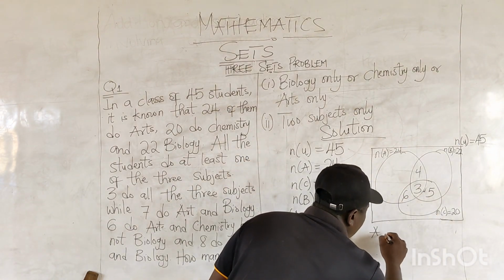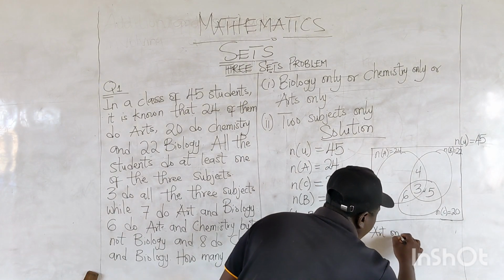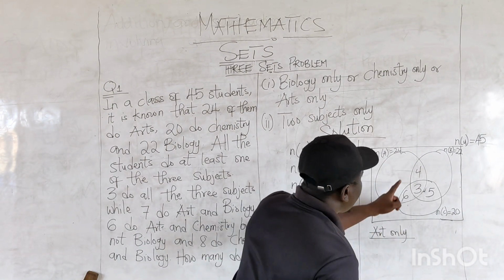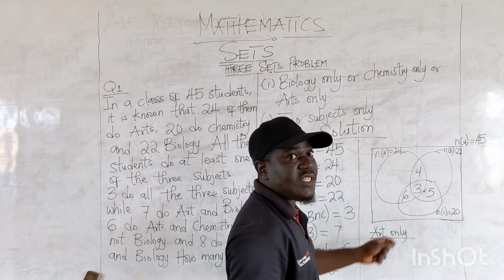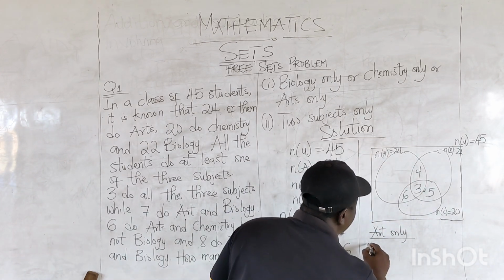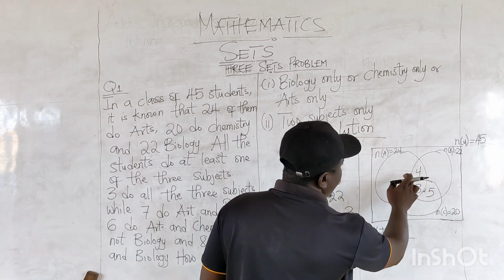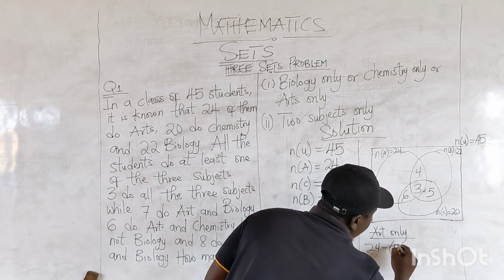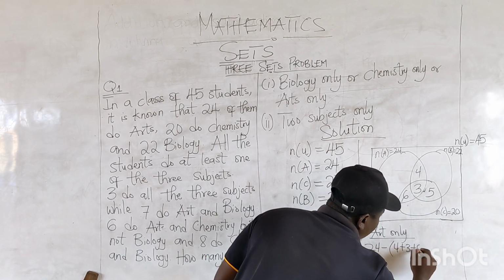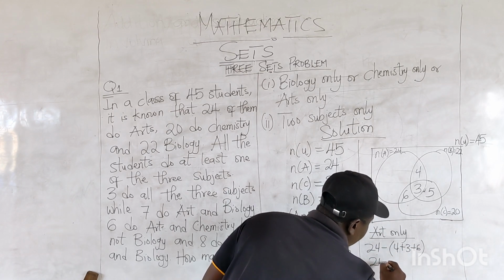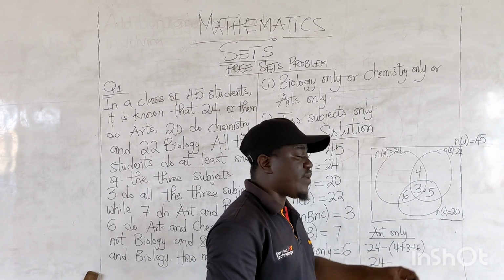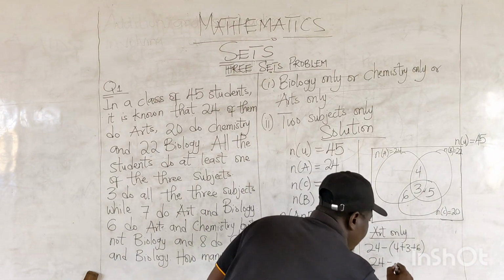So when we come to arts only, the total of this circle is 24. However, we have a portion. So we are going to have 24 minus, in bracket, 4 plus 3 plus 6. Now it's going to give me 24 minus this 7, okay, 7 plus 6 should give me 13.